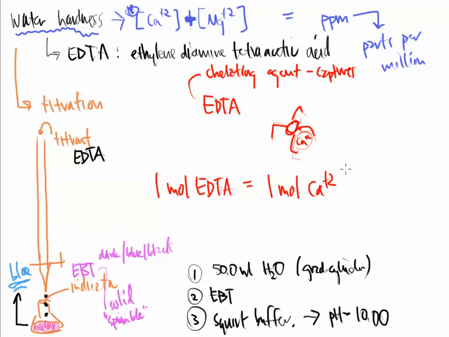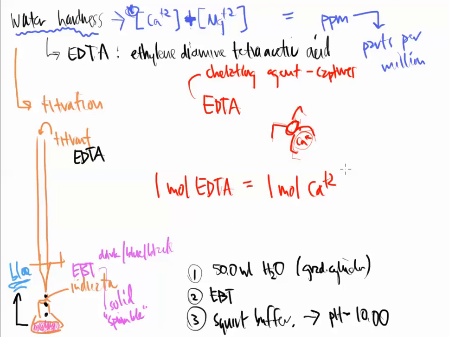So just like any other titration, if I know how much EDTA it took, and I know the strength of the EDTA was prepared, then that gives the moles of EDTA, which equals the moles of calcium, which can be converted to milligrams of calcium, and then I can calculate a concentration in ppm, which is milligrams per liter. And that's what we'll go through in the next video when we begin to talk about the calculations.